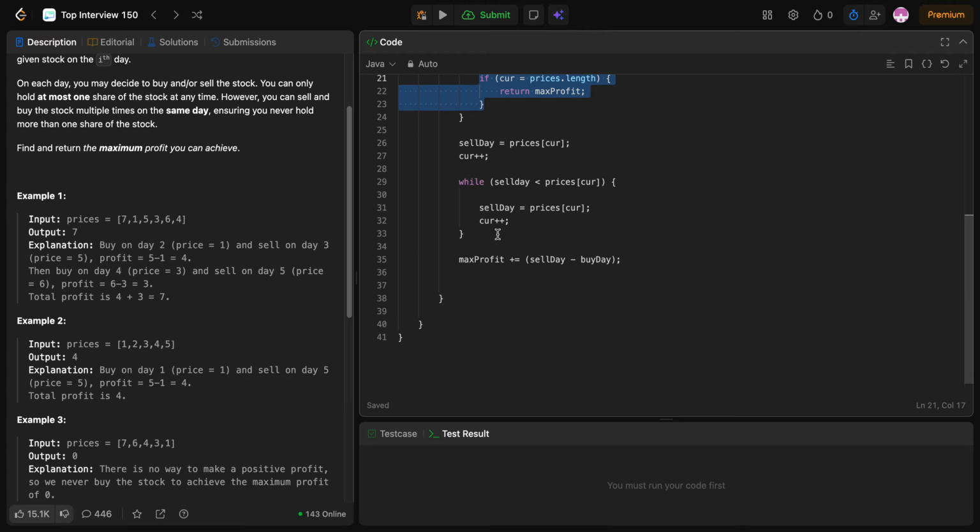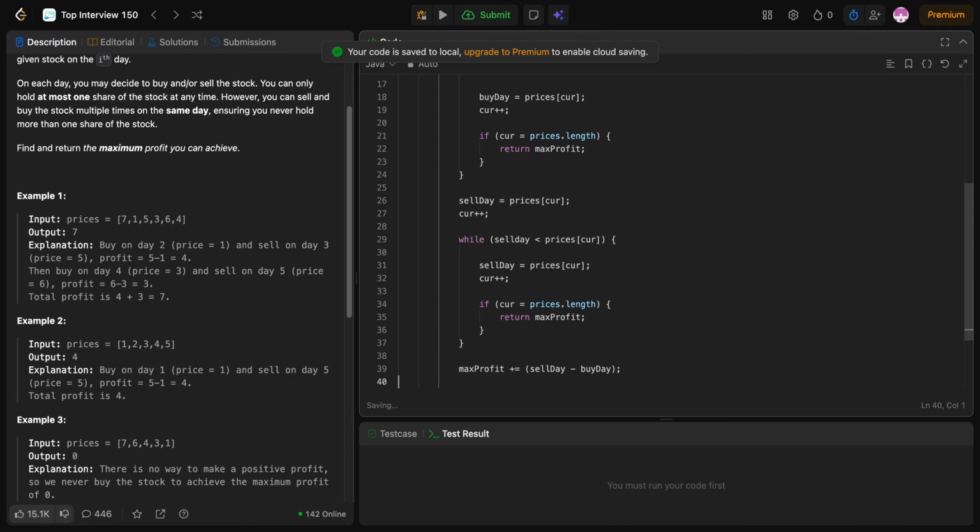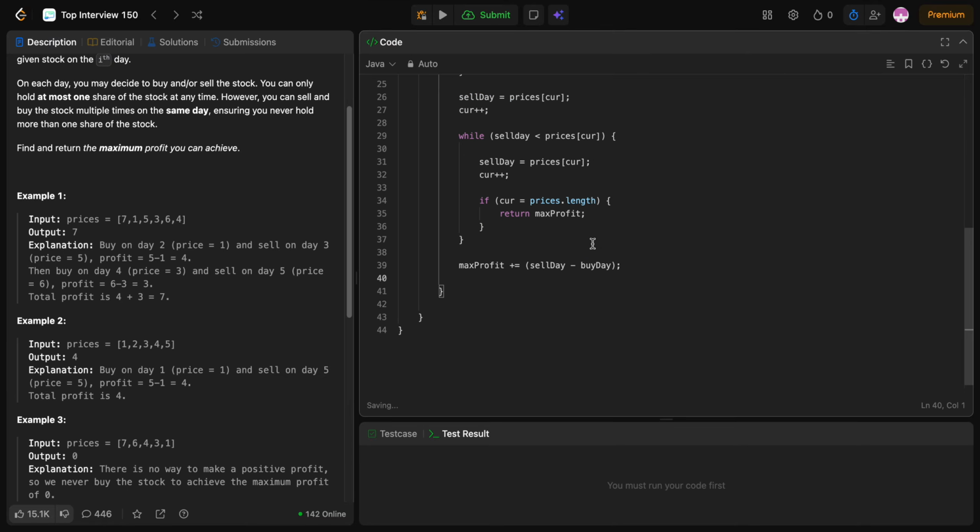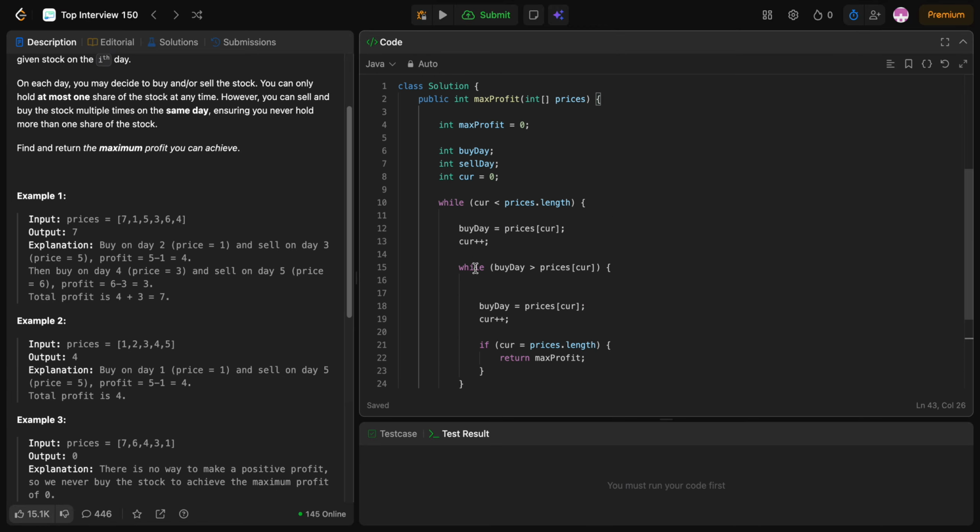Same here, and then at the end of this while loop we can return max profit.